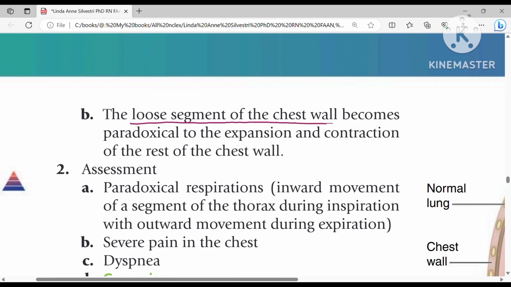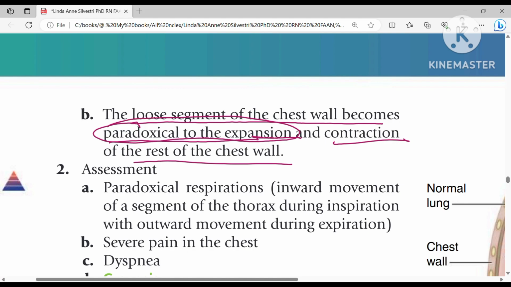The loose segment of the chest wall becomes paradoxical to the expansion and contraction of the rest of the chest wall.